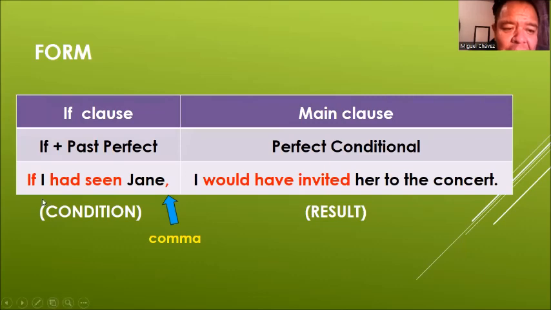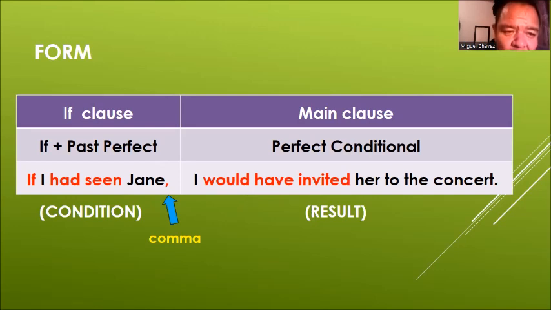Remember too that if we start our sentence with if, we need to put a comma between the if clause and the main clause. Remember too that in the if clause, we express the condition, which is going to give us a result, in this case, of a hypothetical or imaginary situation.